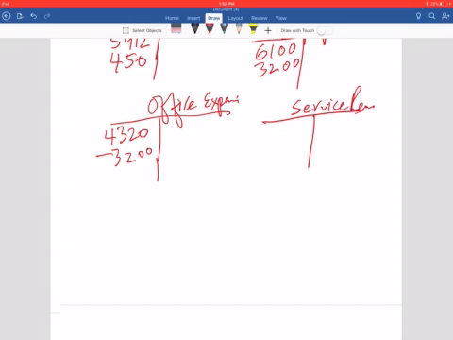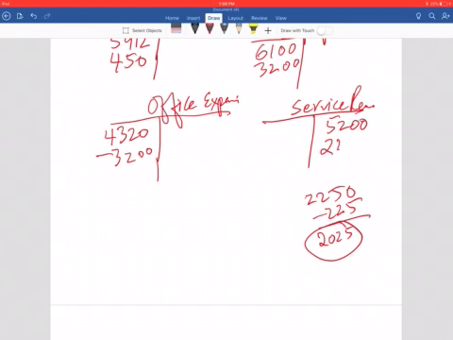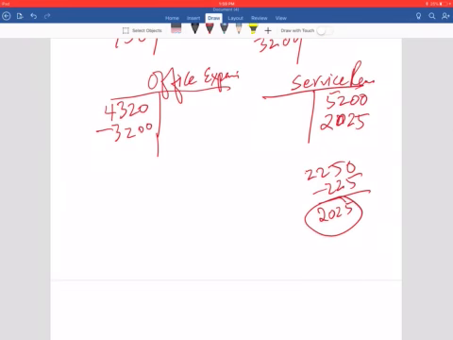Right now it is sitting at 5,200, and remember it is a credit account. What it's missing is 2250 minus 225, which is equal to 2025. I'm going to add this to the service revenue on the right side, 2025. So that will fix that error.